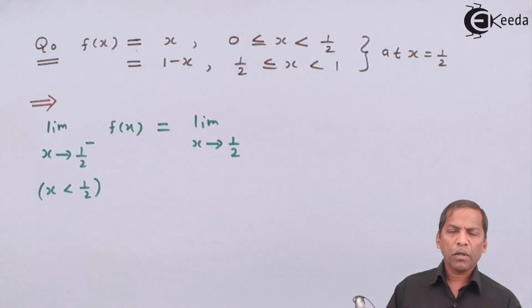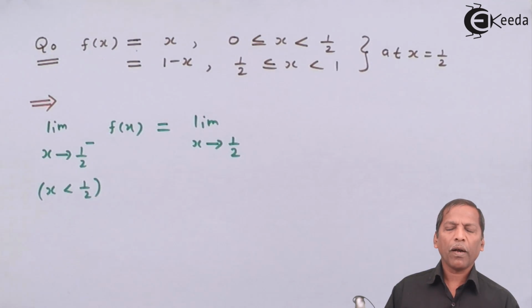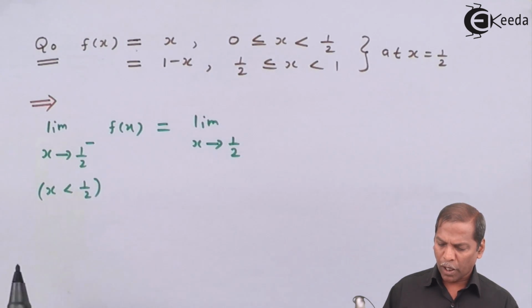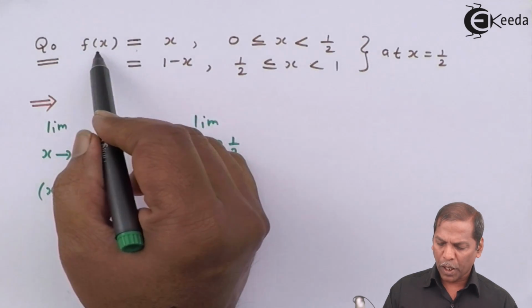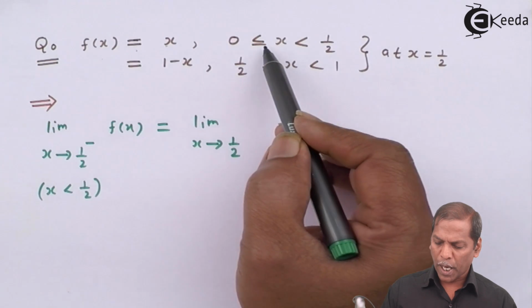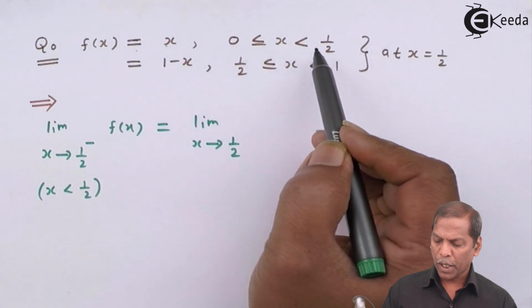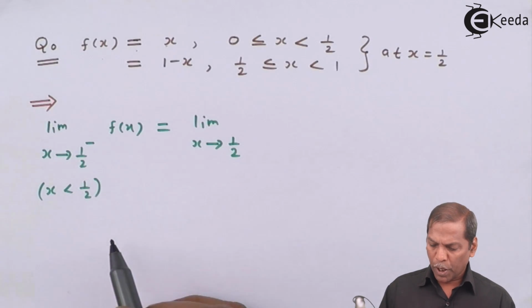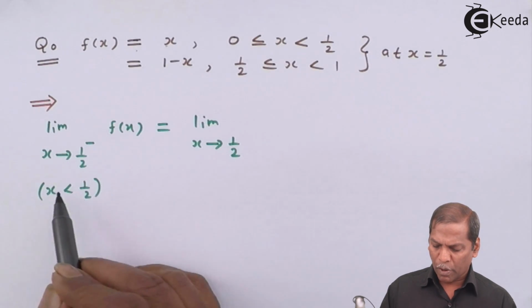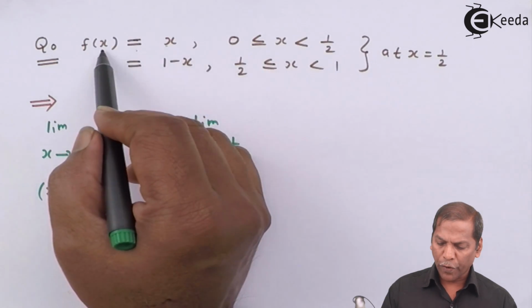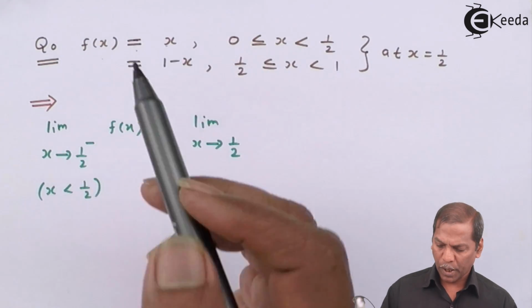It means here we are going to find the left hand limit. Now if you observe the question, we have f of x is equal to x for 0 less than or equal to x less than 1 by 2. So for x less than 1 by 2, we have f of x is equal to x.